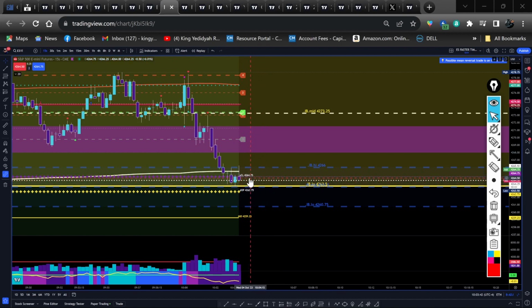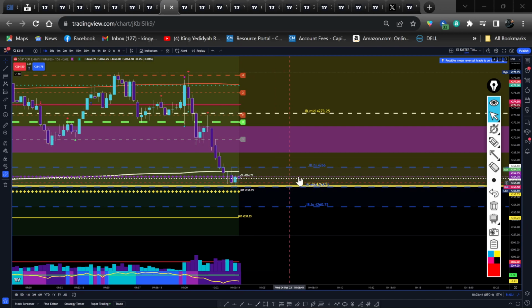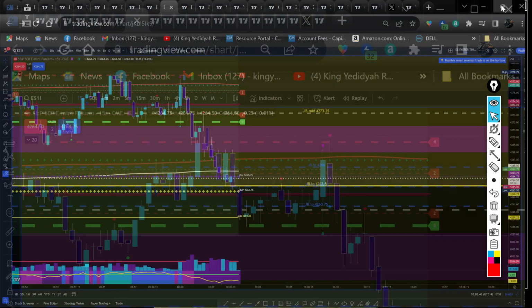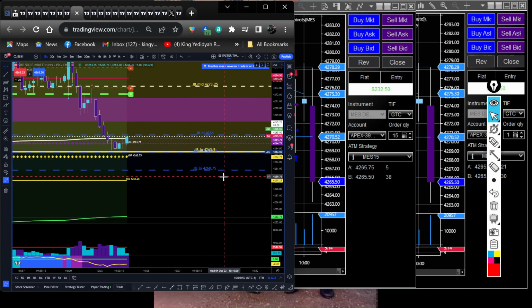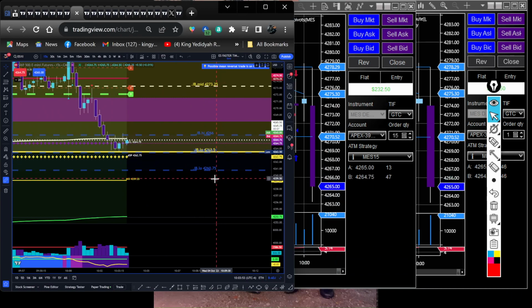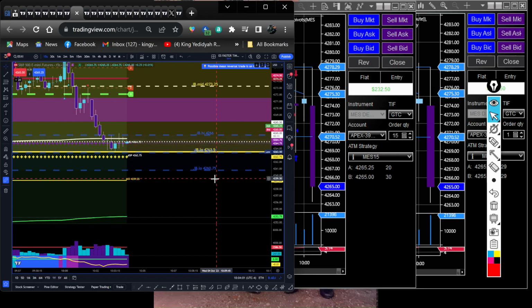Maybe it's gonna lose VWAP. But still, I'm not in a rush to jump back into this because price action is still volatile.